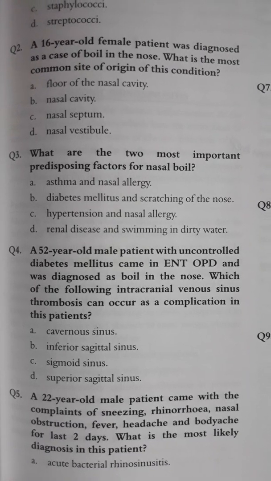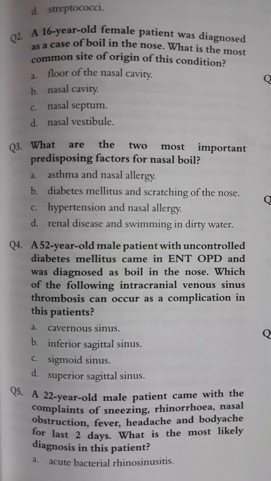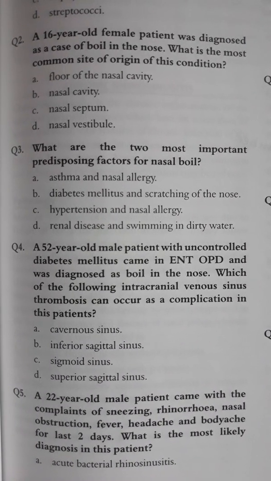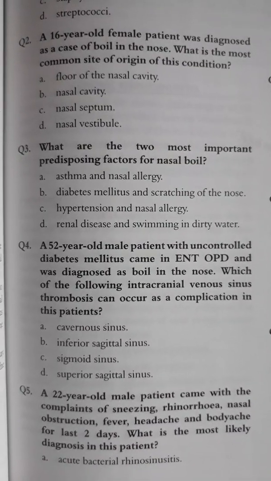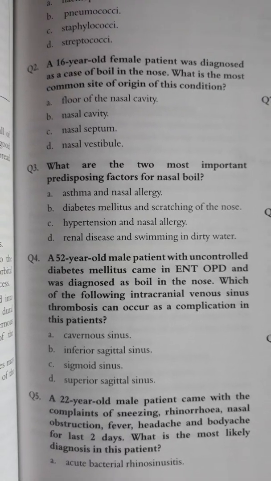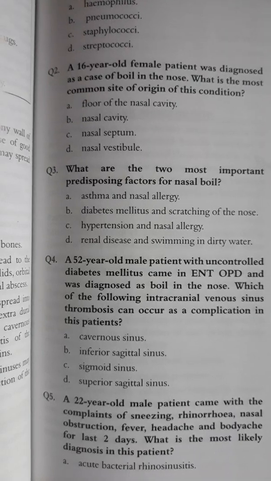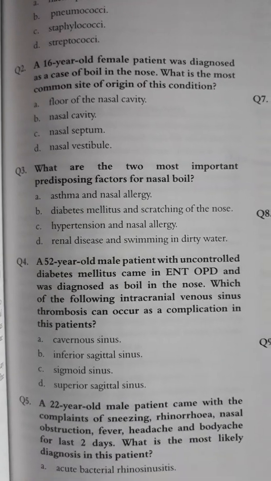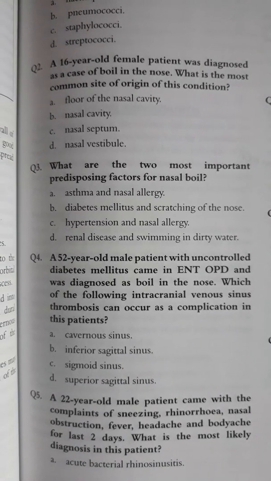MCQ number 5. A 22-year-old male patient came with complaint of sneezing, rhinorrhea, nasal obstruction, fever, headache, and body ache or malaise for the last 2 days. What is the most likely diagnosis in this condition? The diagnosis is viral rhinosinusitis, which is also called common cold or coryza.